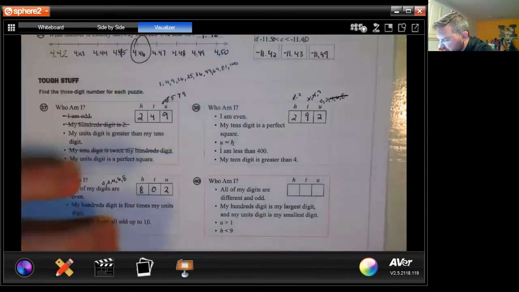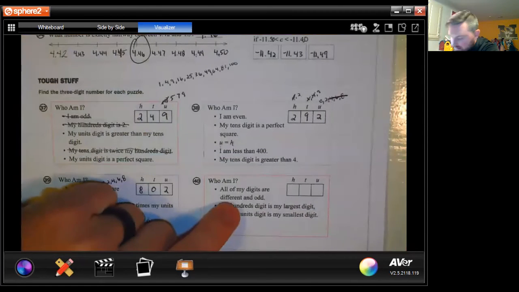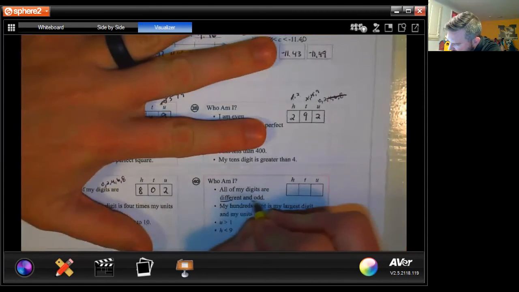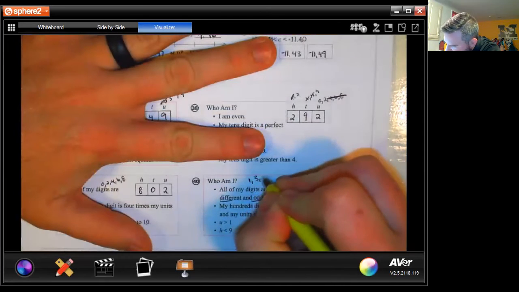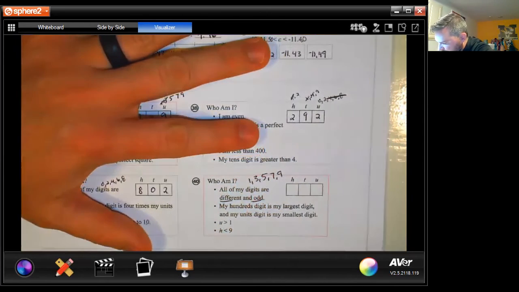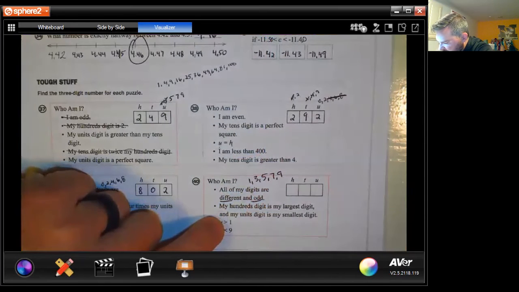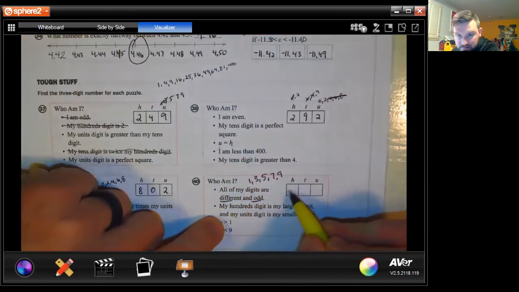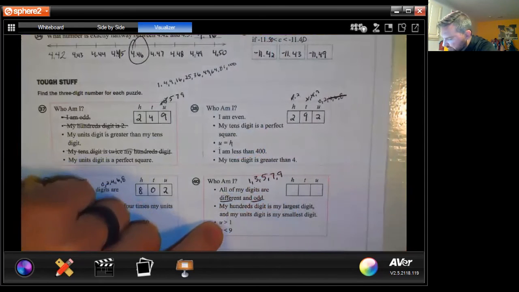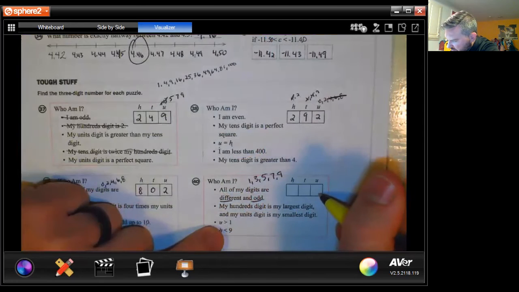And the last one here. Who am I? All of my digits are different and odd. So 1, 3, 5, 7, 9. And none of them are the same. My hundreds digit is my largest digit, and my units digit is my smallest digit. So biggest, smallest. My units digit is bigger than 1, so it's not 1.